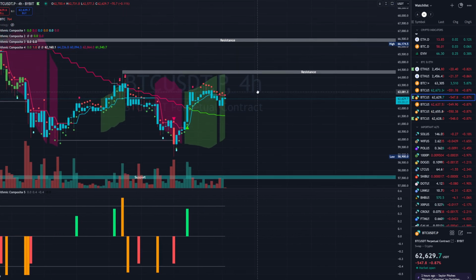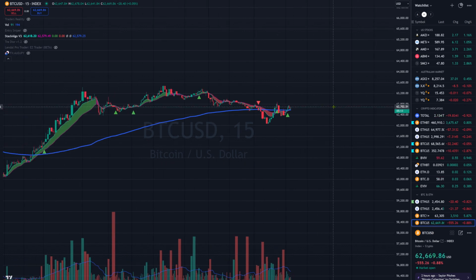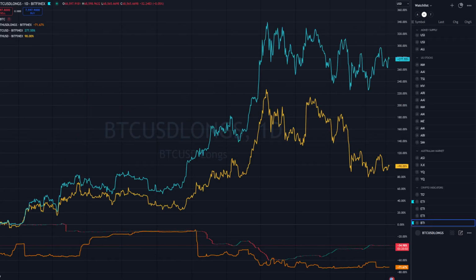So there's a lot of confirmation to the upside at the moment on a lot of different indicators. Actually, we just got a buy signal on the stacks indicator as well. Not that this is a great indicator.